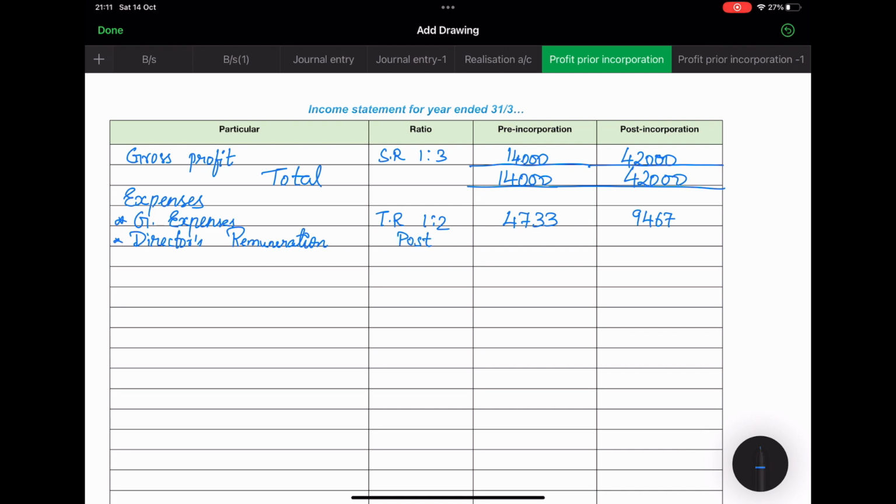Per month 1000 means for 8 months 8,000 rupees. Got it? Next, formation expenses. So formation expenses is also full and full related to post incorporation. So 1500 directly to post incorporation column.